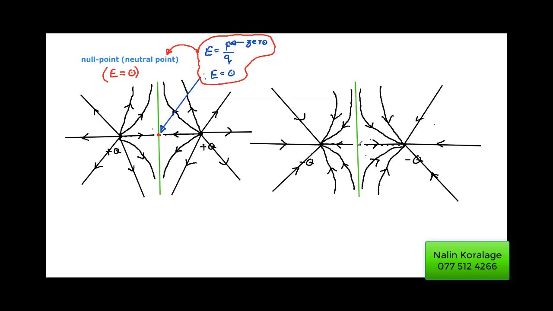If you place a testing positive charge here, the attraction by this minus q and the attraction by this minus q are going to be equal and opposite. They get cancelled, so the testing positive charge is not going to move in either way. So somewhere here we can have a null point.